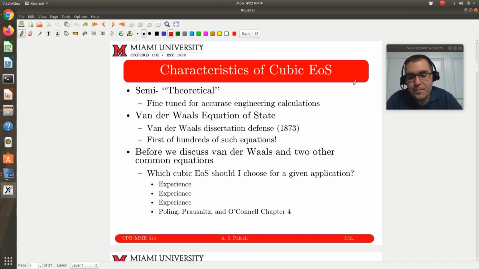Quite literally. And so a book that's often recommended, that I would recommend to you, and the textbook even recommends, is a book called The Properties of Gases and Liquids by Poling, Prausnitz, and O'Connell. Chapter 4 is devoted to equations of state for pure fluids. What they literally do is take all available cubic equations of state in the literature, and use them to predict or calculate pure component properties for a wide range of fluids.